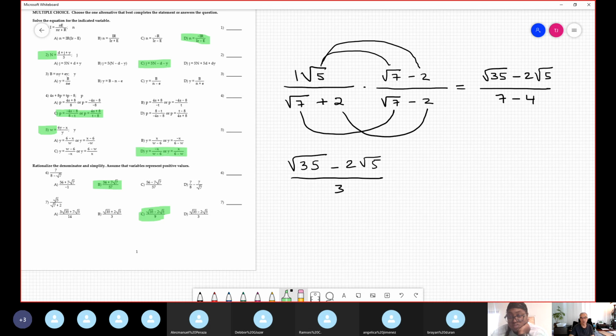Any question, guys? Do you understand this shortcut very well? It's special. Remember, if you don't remember it, you always apply FOIL.